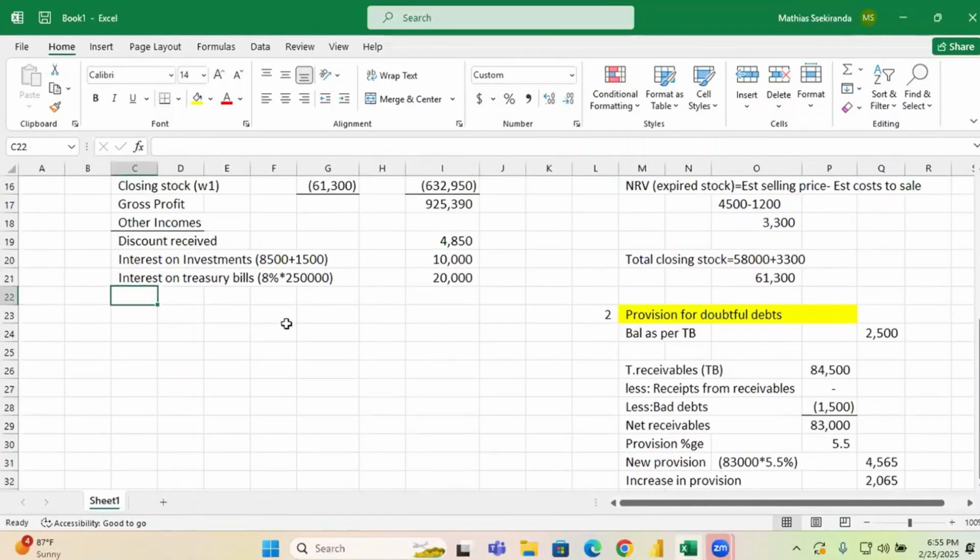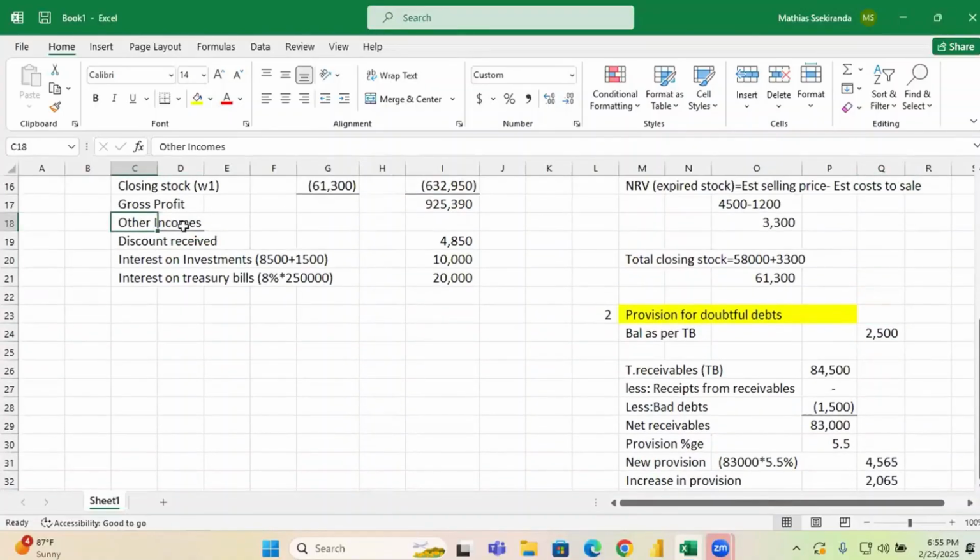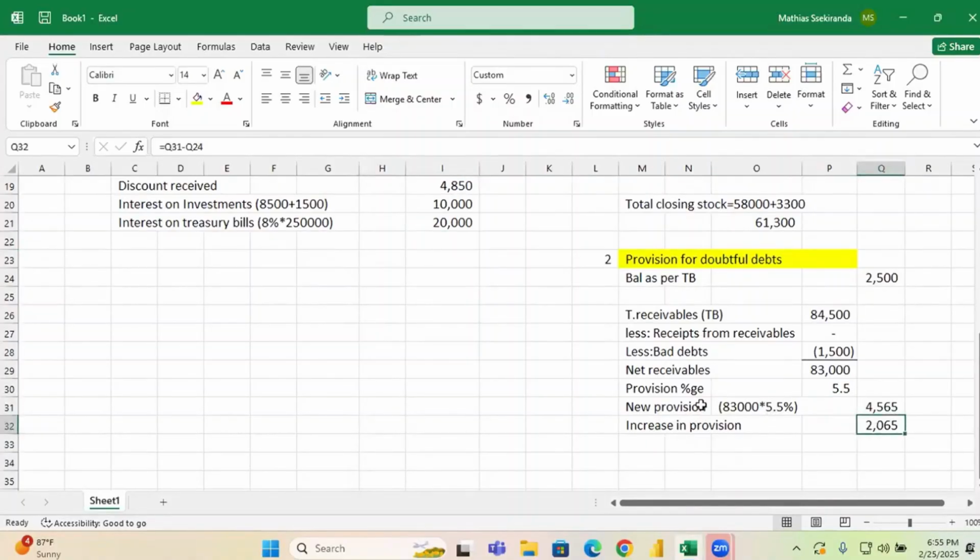If the new provision is lower than the provision given in the trial balance, there is a decrease, and that decrease is taken as a deemed income. It comes under other incomes: you say decrease in provision for doubtful debts and bring the figure. But since it is an increase in provision, because the new provision figure is higher than what was given, under our expenses we shall put increase in provision 2,065. It is an expense.